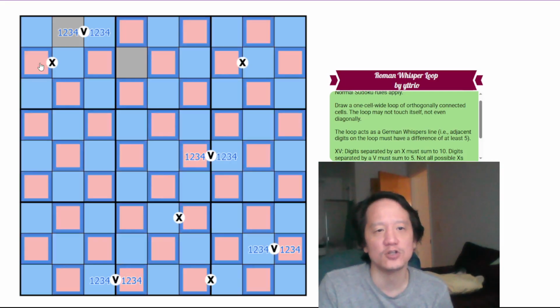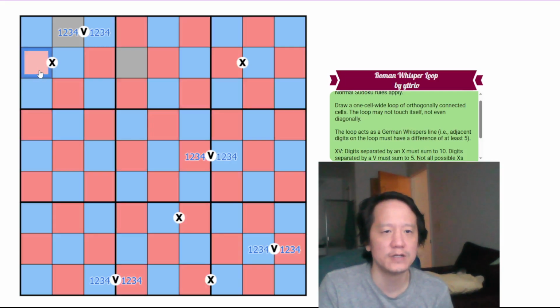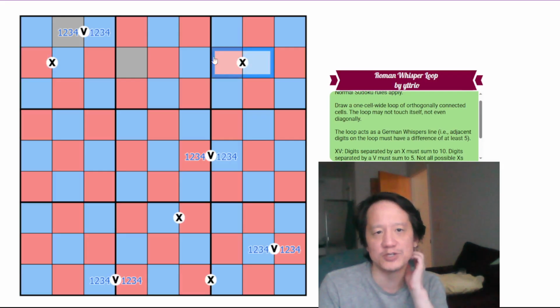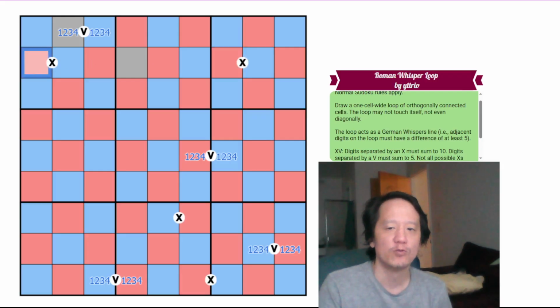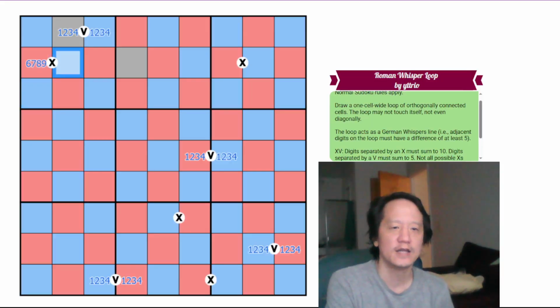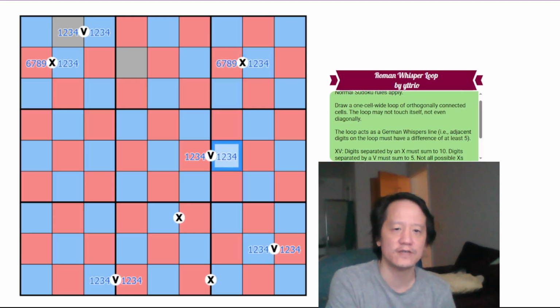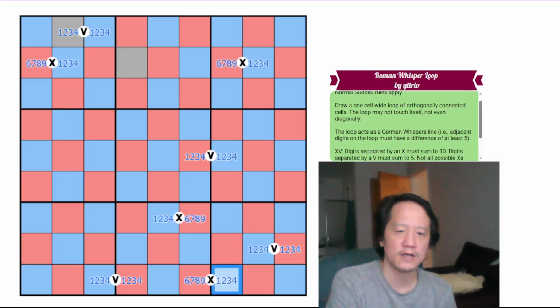If this is on the loop, it has to be 6 through 9, which makes this 1 through 4. So the X's must conform to exactly what the colorings are. This is high and this is low. Same with this. This is low, this is high. Same for all the X's. This is low, high, high, low.